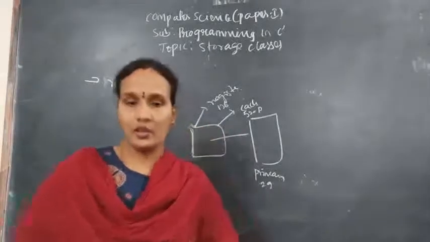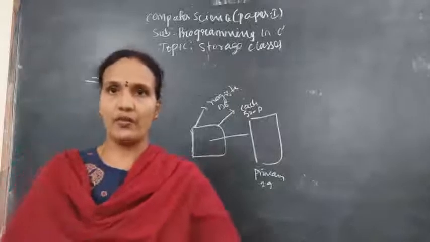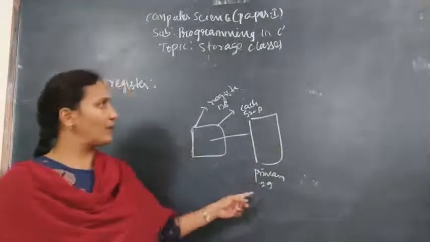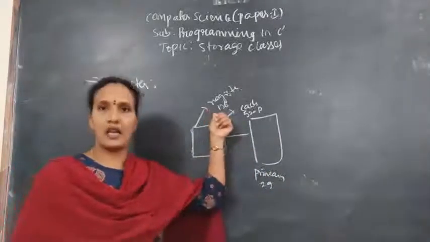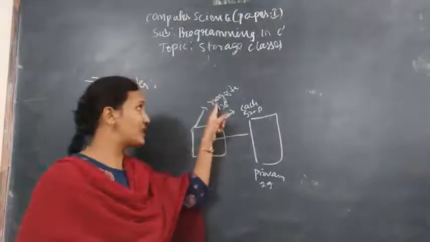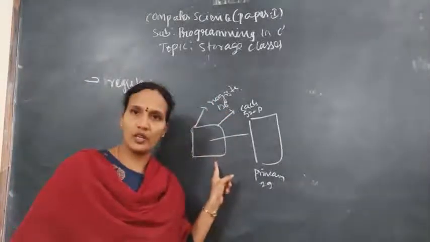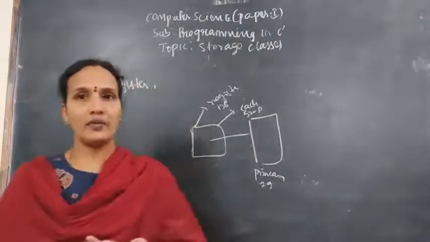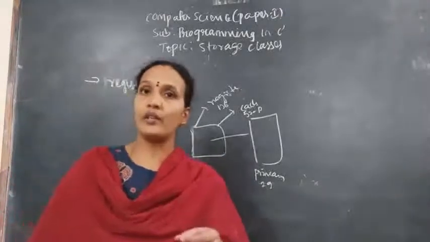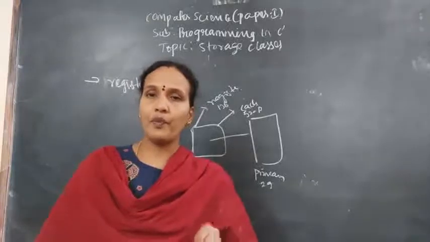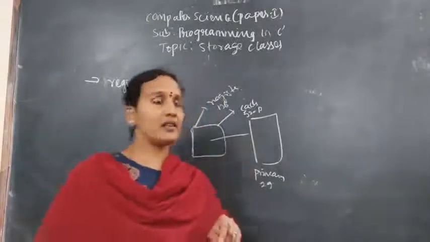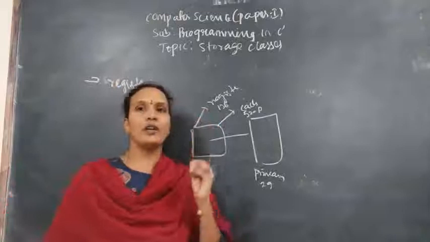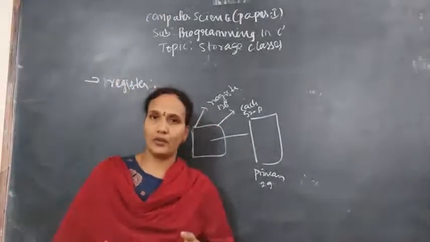When you come to performance, compared to primary memory and cache memory, these registers are very fast because they are very close to your processor. The processor can directly communicate with the register when it wants to take any value. But in the register we can store only a limited amount of data.